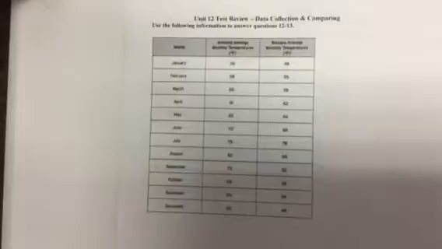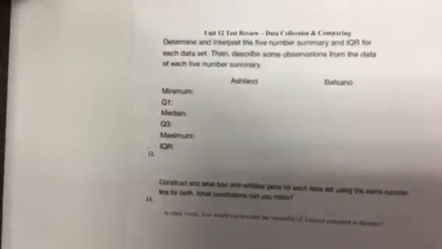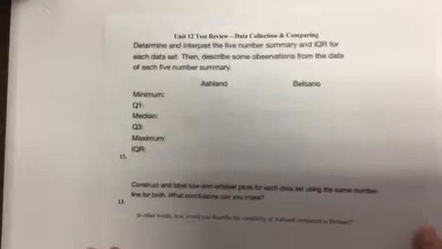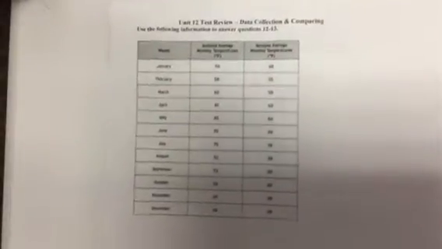So we're going to use the information right here in this table, and we're going to complete the 5-number summary right here. So the first thing I'm going to do is take the data from Ashland and write it in order from least to greatest.